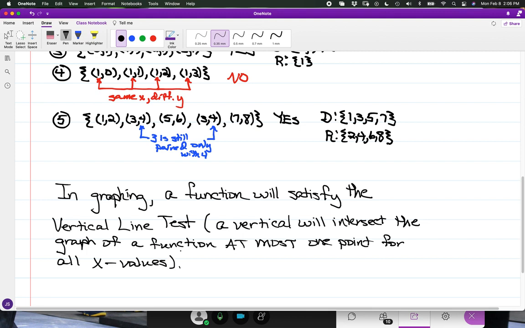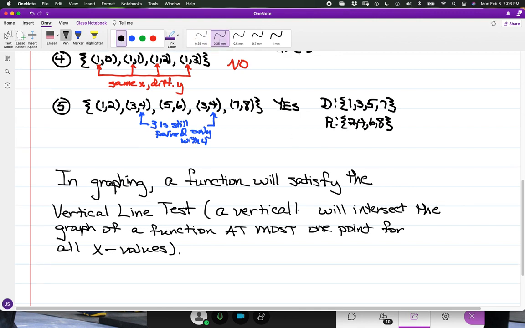So, vertical line test: you have a vertical line. A vertical line will intersect the graph of a function at most one point for all x values.